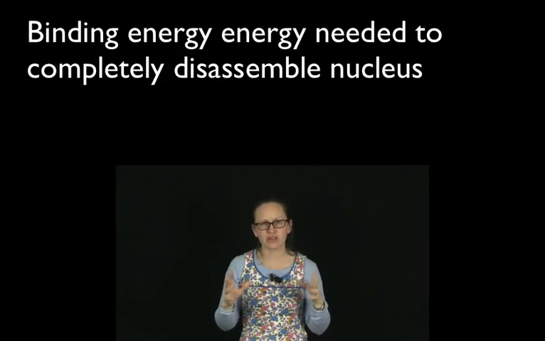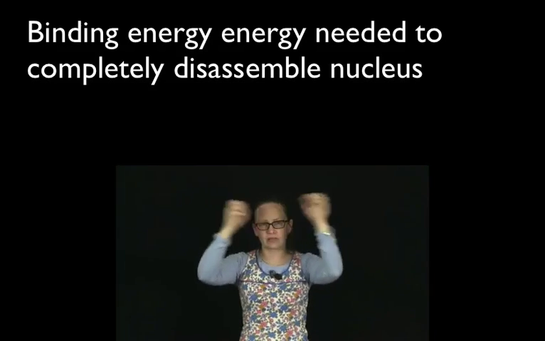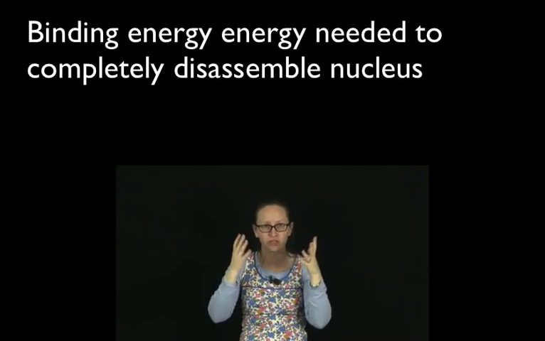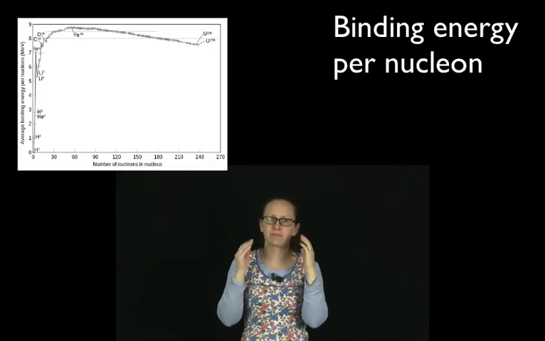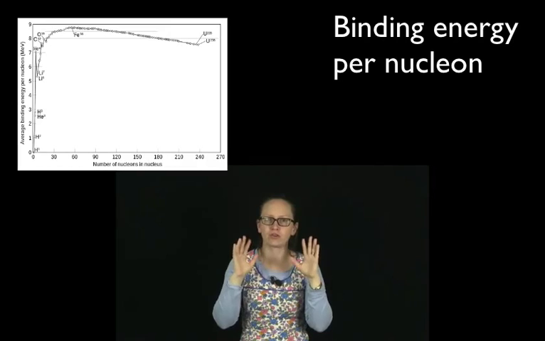Now if we have a stable nucleus, that means that it wants to remain as it is. If we want to pull it apart, we actually need to put in energy to pull it apart. So the amount of energy that we need to put in to completely pull apart a nucleus is known as the binding energy. Now a useful thing to consider is the binding energy per nucleon.